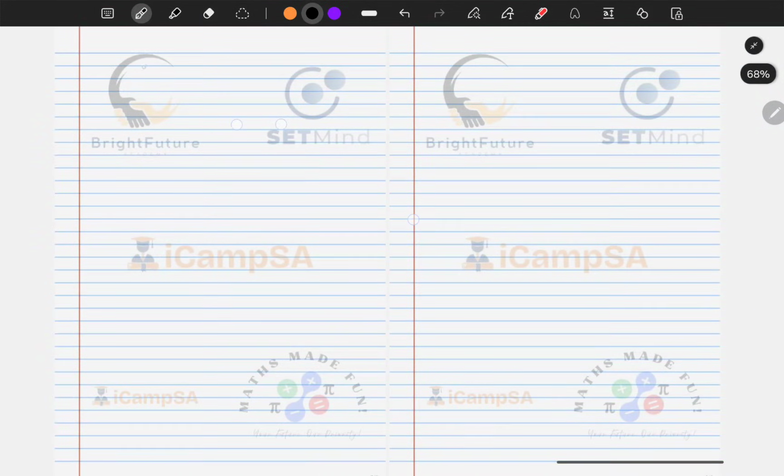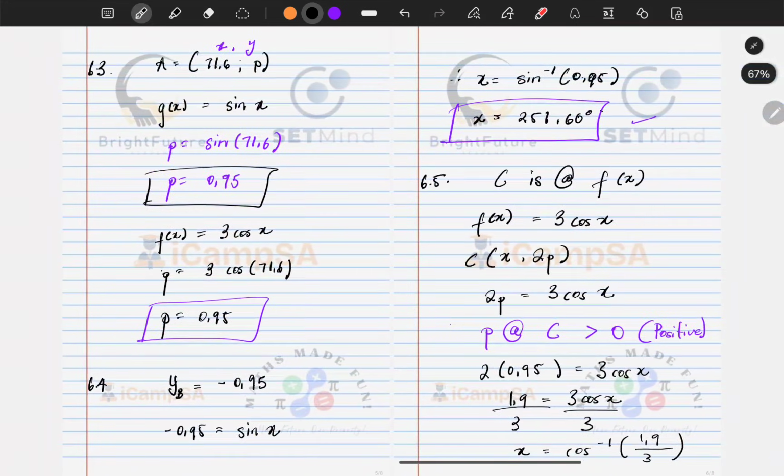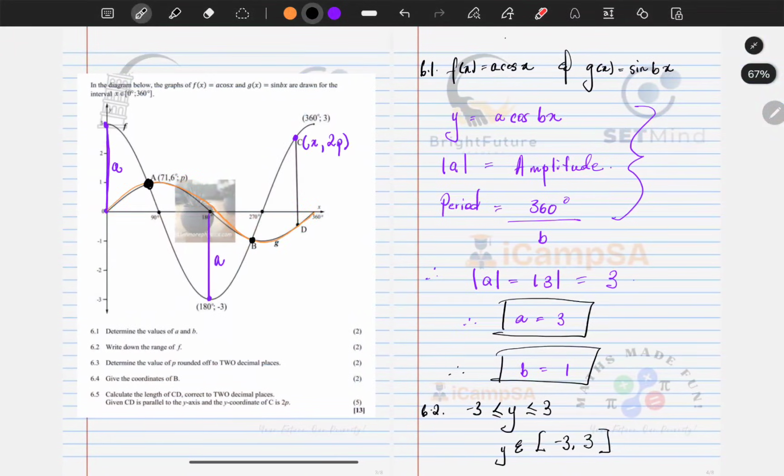Right, and then if you punch your calculator, you should be able to get 50.70, right? But remember, this is not the final answer. If you look at x, it's too far from what? From the x-axis.